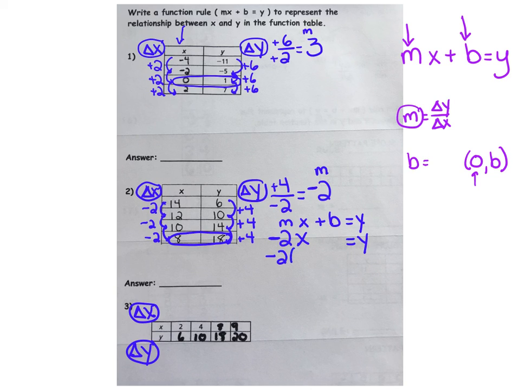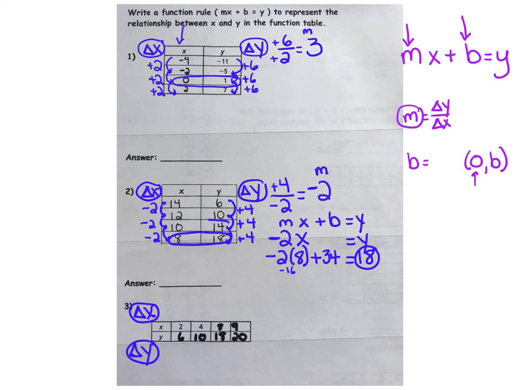Negative 2 times 8 plus blank, I need to arrive at positive 18. Well, negative 2 times 8 is negative 16. What would you have to add to negative 16 to arrive at an output of 18? You would have to add 34.